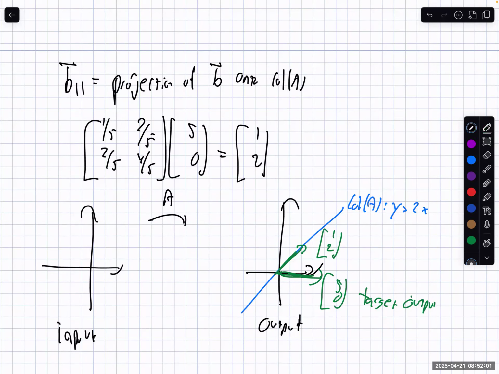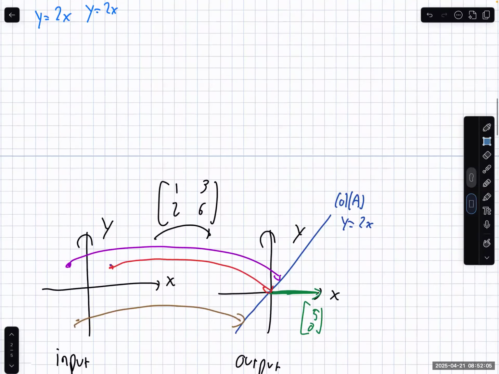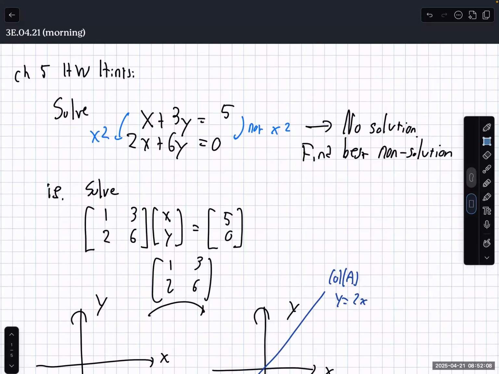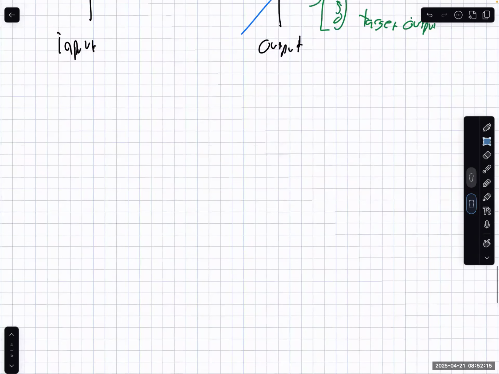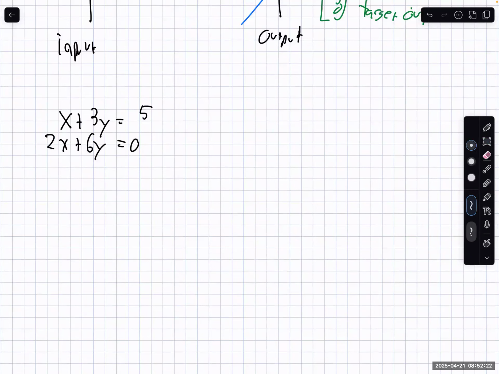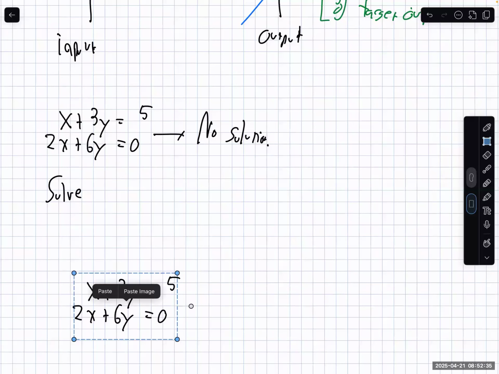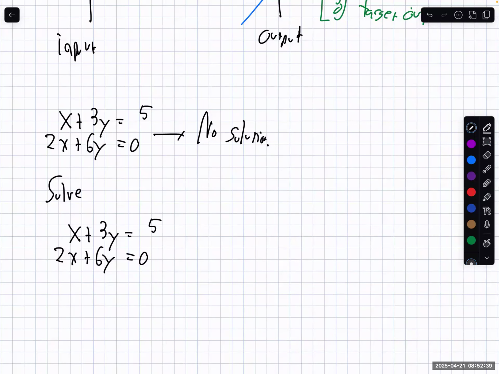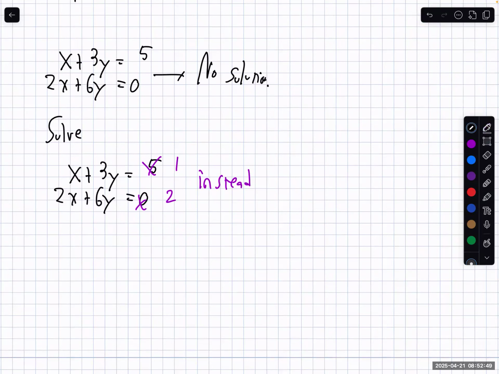So back to our original system of equations. The best that we can do is solve this system instead.